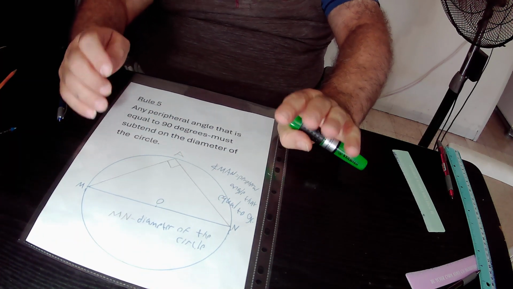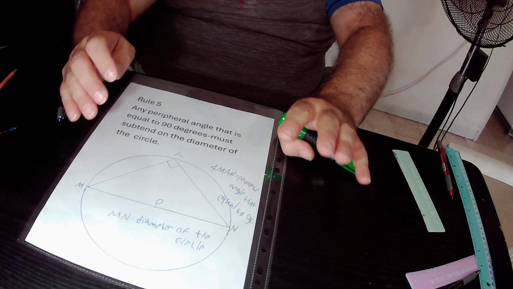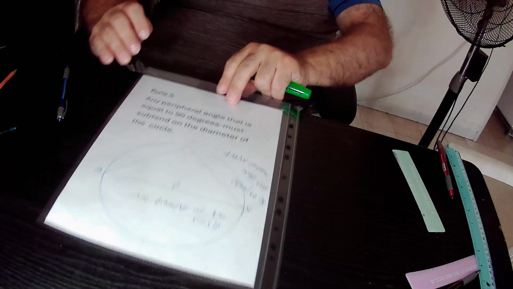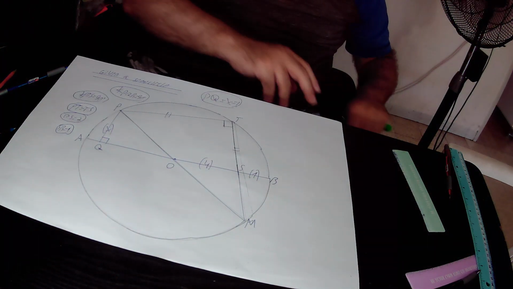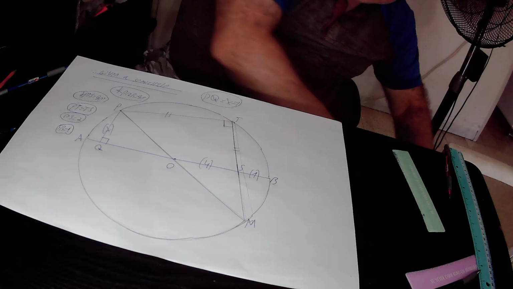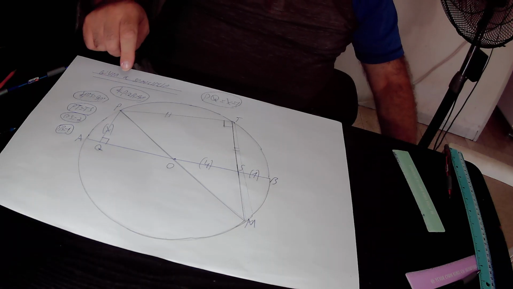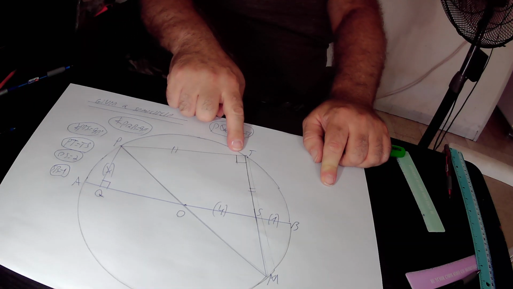So according to rule 5, any peripheral angle that is equal to 90 degrees in its size must subtend on the diameter of the circle. We can implement rule 5 in our drawing. Why? Because in our drawing we have peripheral angle PTM, which equals 90 degrees in its size.